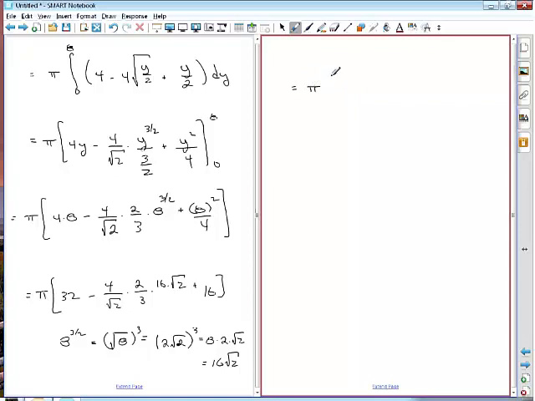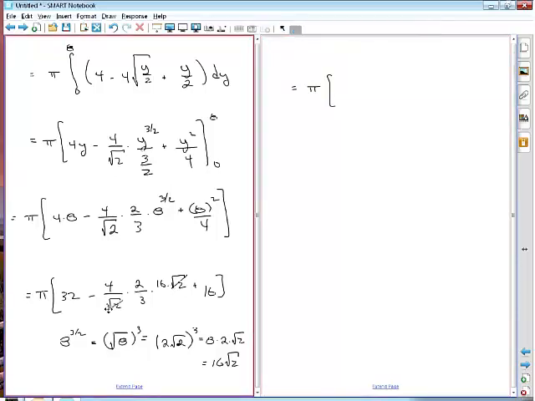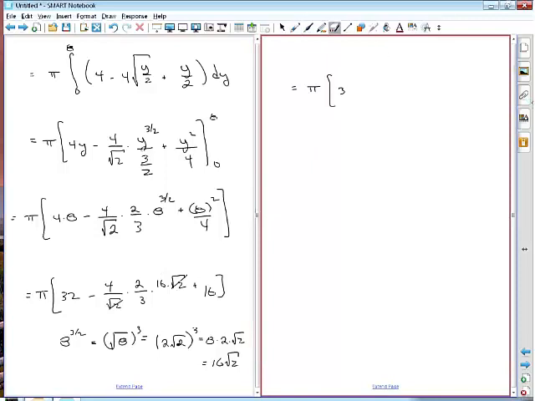So let's see if we can simplify this thing here. These cancel out. And then we'd have 8 times 16, which is 128. So we'd have 32, 32 minus 16 is 16. Actually, it's plus, not minus. So 32 plus 16, that's 48.